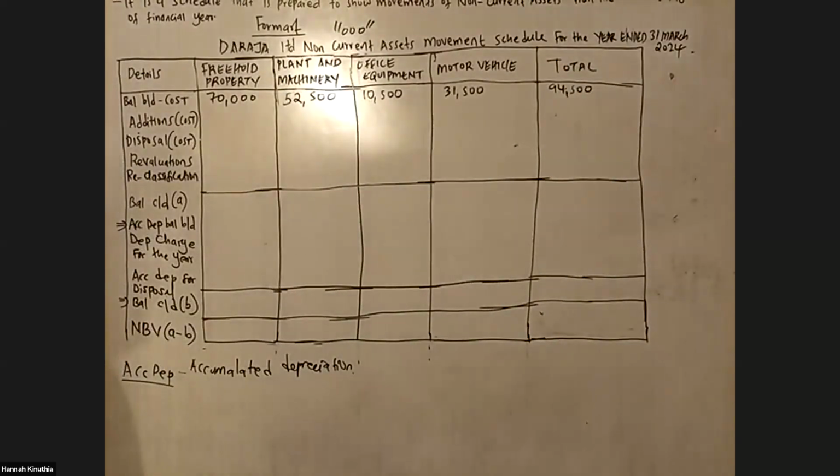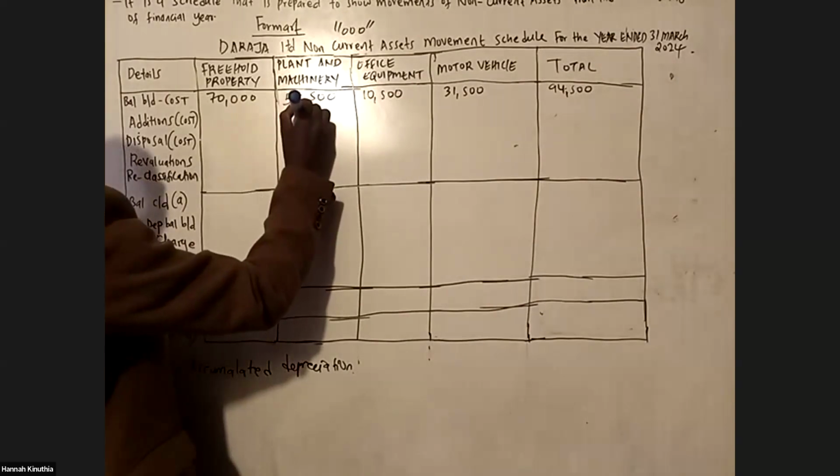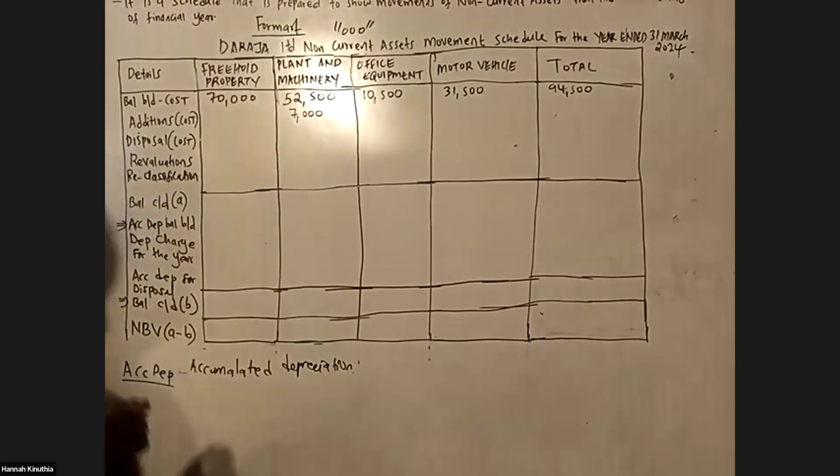Now, let's go to information number 1. Do you have any additions? Yes, you have additions. The following non-current assets were acquired during the year. Number 1, we have machinery. We take the cost, 7,000.